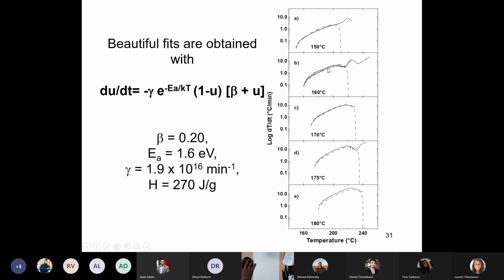I would say those fits are pretty darn good, with no adjustable parameters, no changes to the parameters made in between these different experiments. So that means you can describe the reaction between delithiated lithium cobalt oxide at 4.2 volts and electrolyte. All you have to know is the temperature and the value of U. Then you can figure out du dt, and from that you can figure out how much heat is being evolved.